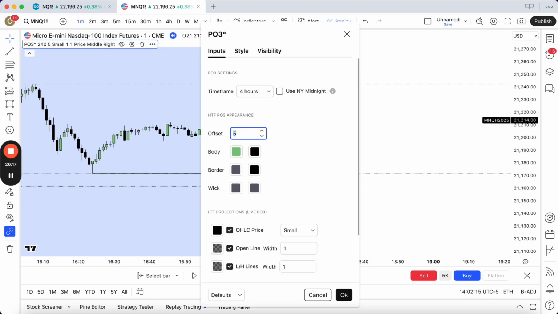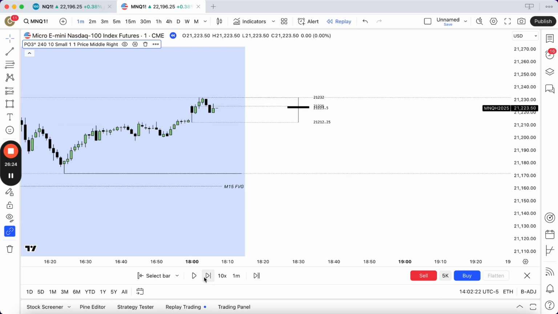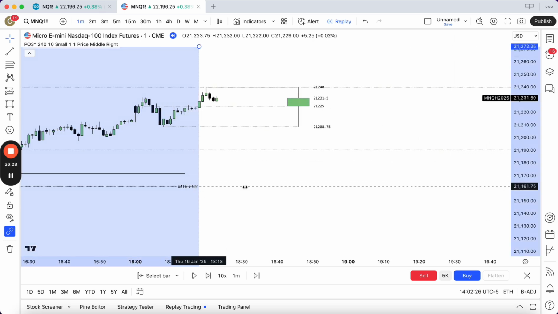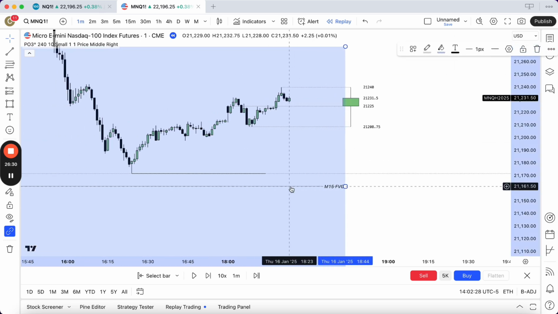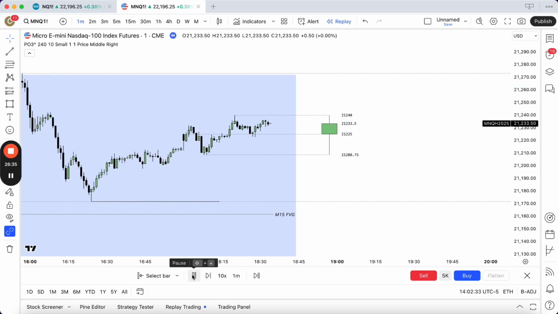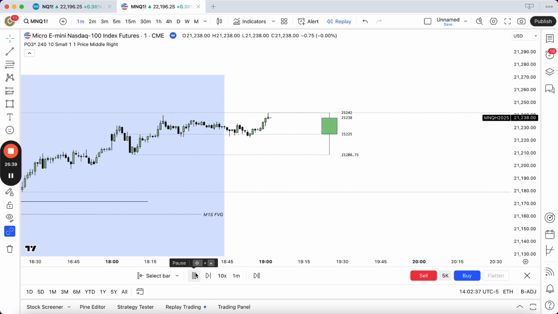Okay, so I want to see price sweep these lows, and then I want to see price, wait, hold up. Let me change this. I want to see price sweep these lows, make an SMT with ES, and then get a change in state. So let's see. Okay, so I don't think price is going to go ahead and sweep these lows.